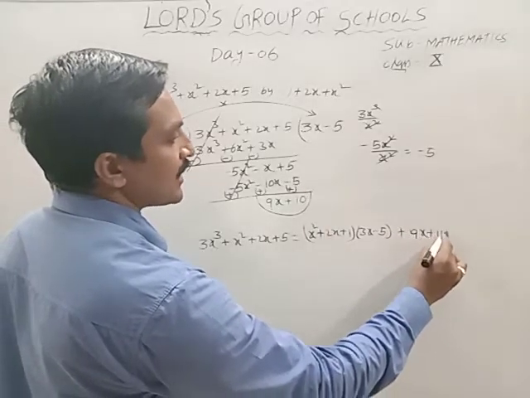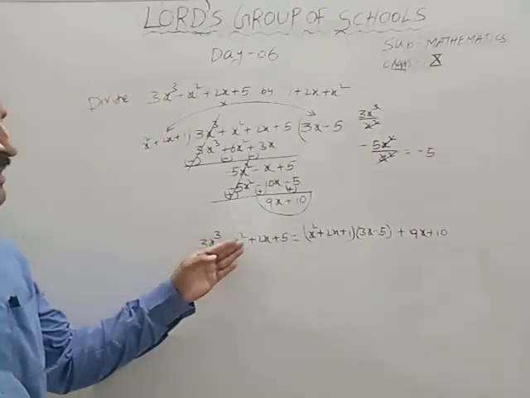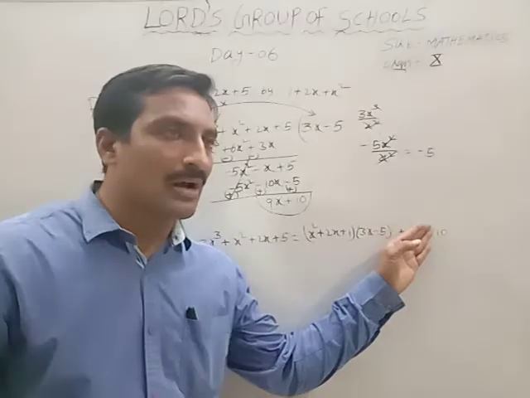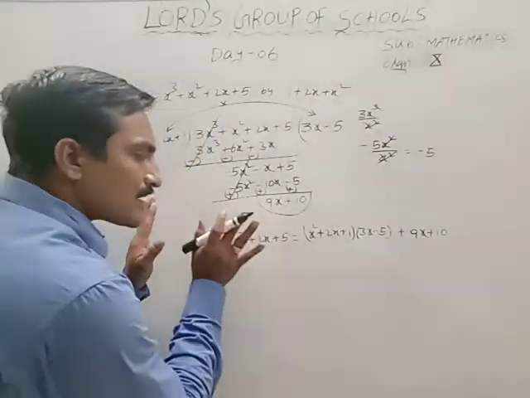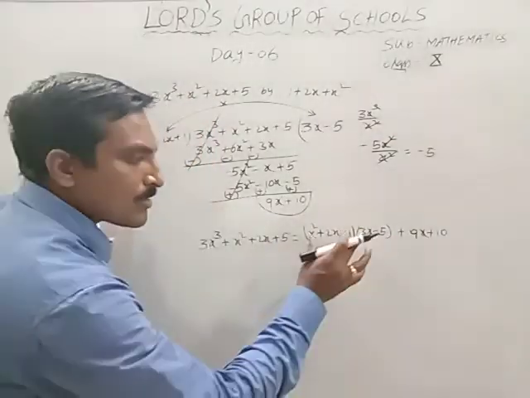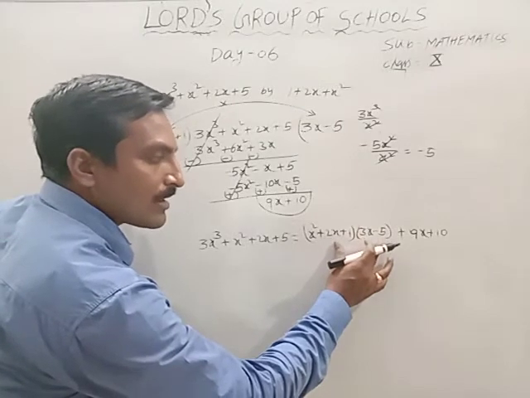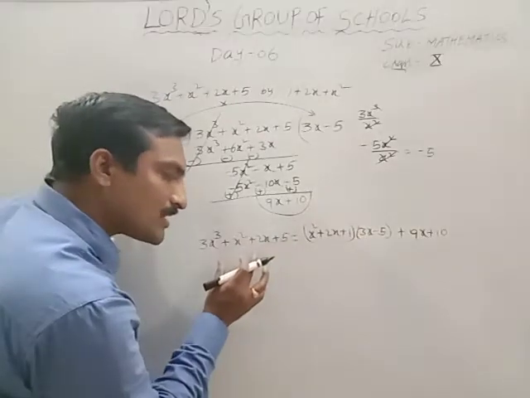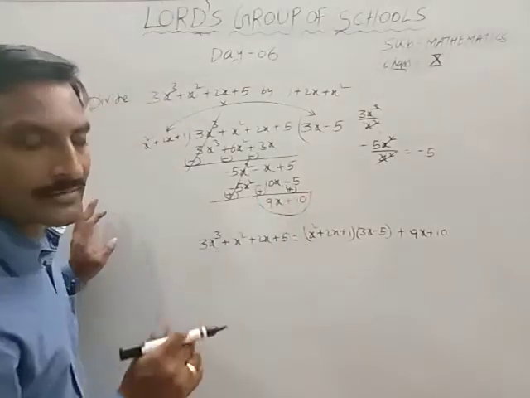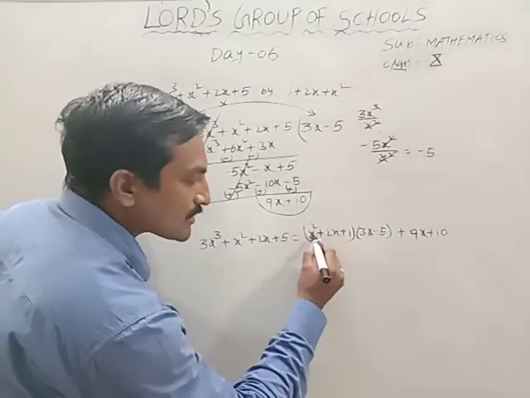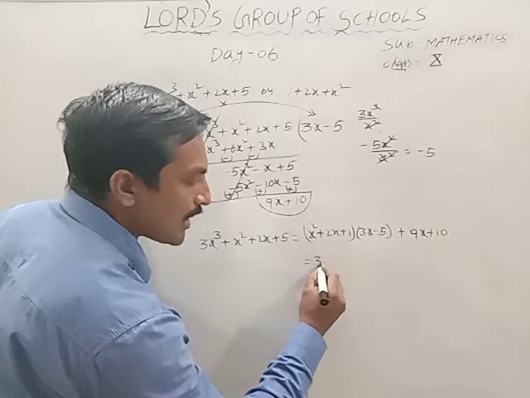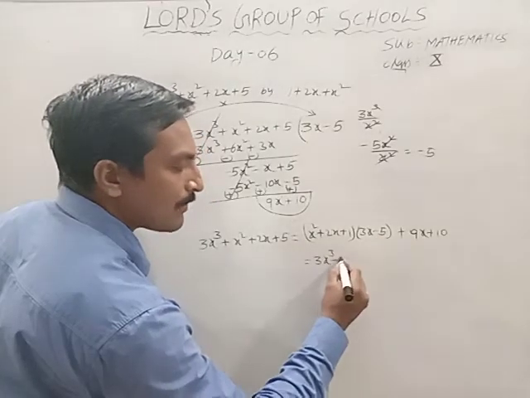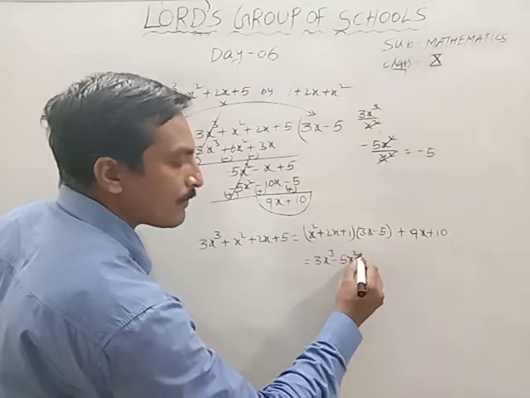In the previous lesson I explained: P of x is equal to g of x into q of x plus r of x. Here P of x as it is, you have to write. You have to simplify this one, calculate, simplify the RHS part. If you get the LHS, then it is correct. Now x square into 3x, 3x cube. x square into minus 5, minus 5x square.